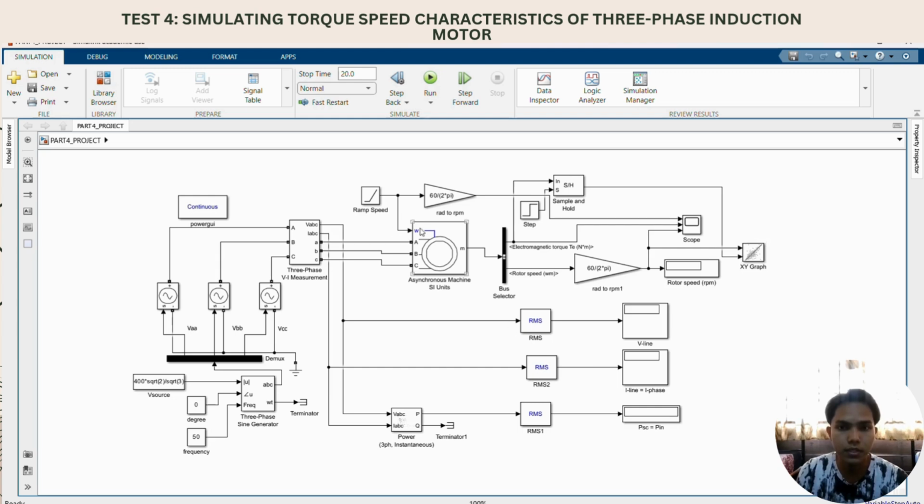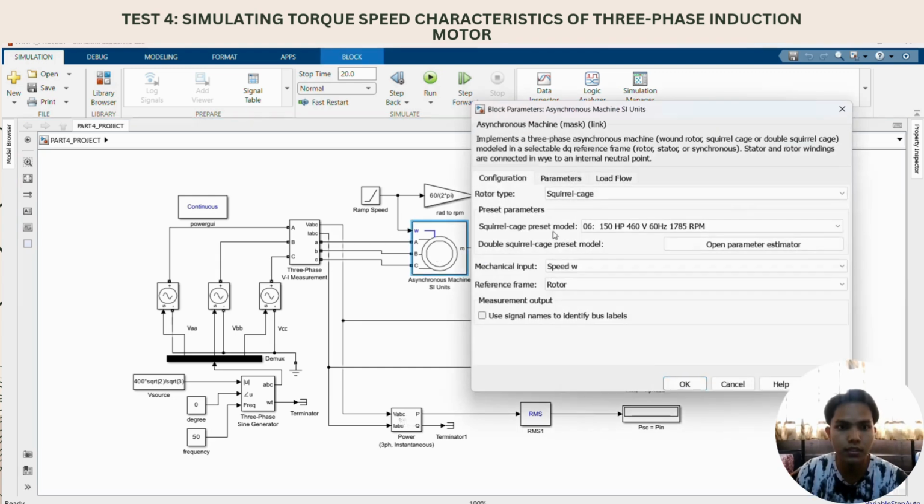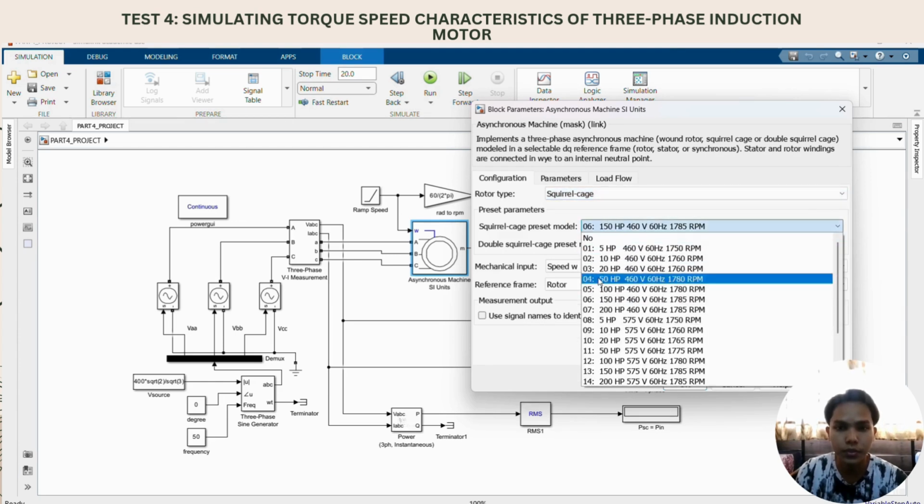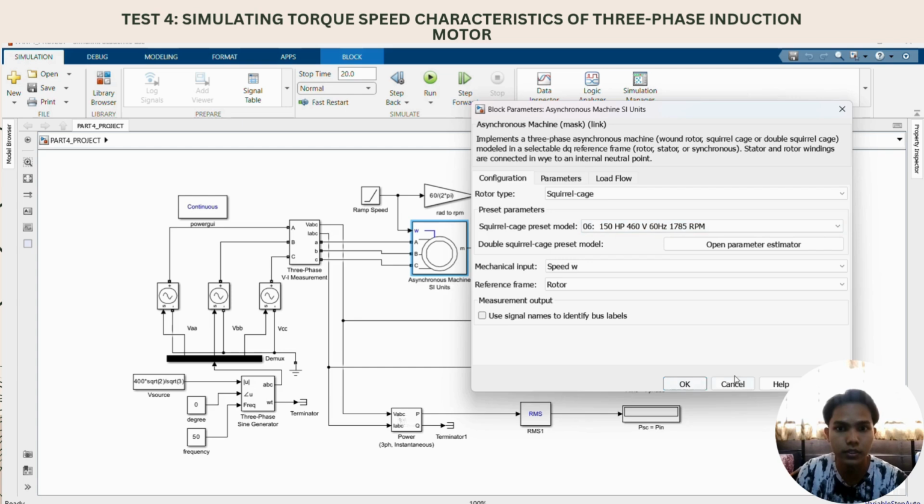For the asynchronous machine as a unit, we set the rotor type as a squirrel cage, and for the value of the preset model, we use number 6, which is 150 horsepower by referring to the value in the table given to each group.